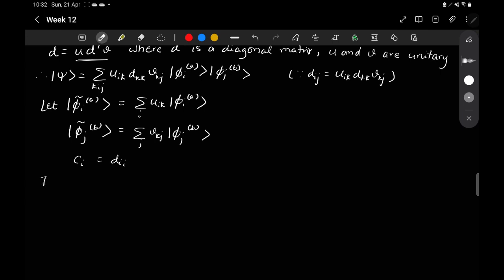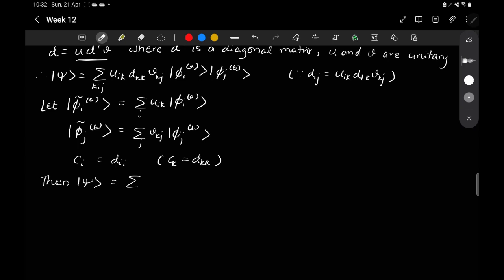Then our expression for psi reduces to the following. So this is the same as saying Ck equals dkk.